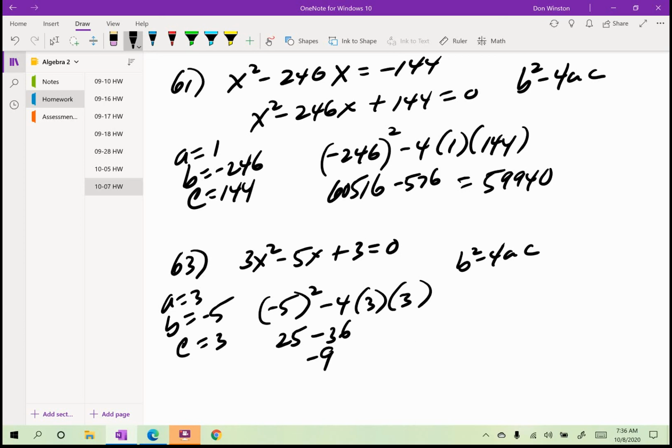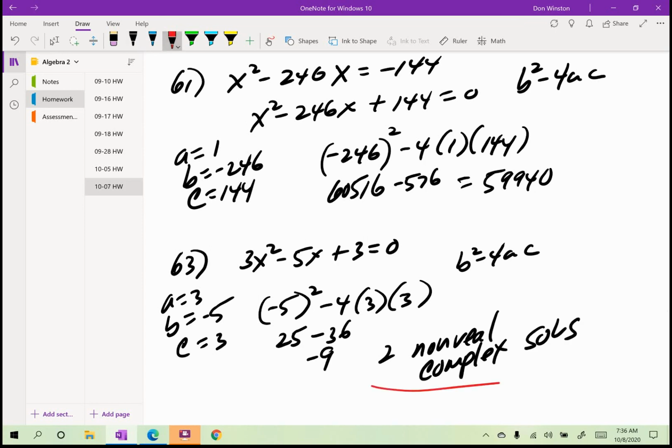Right, and so that's two non-real complex solutions. For 61, we had two real solutions. Remember, real numbers include rational and irrational numbers.